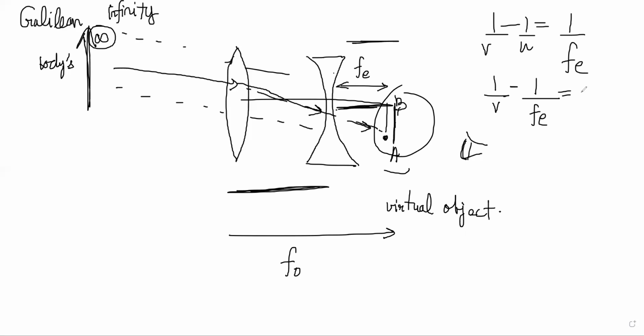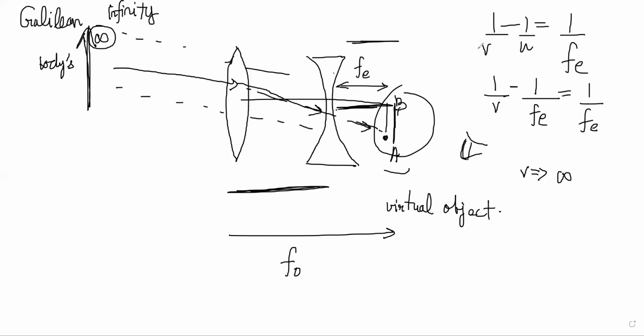I should have gotten V as infinity, but I'm making a sign mistake somewhere. This is your object now, it is this side. What is the sign mistake that is happening?